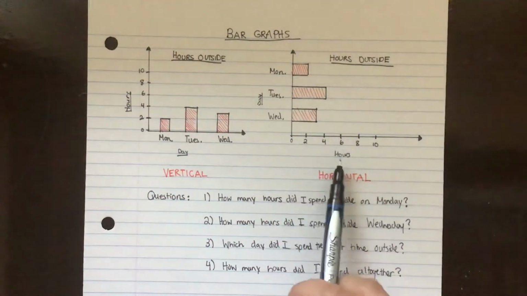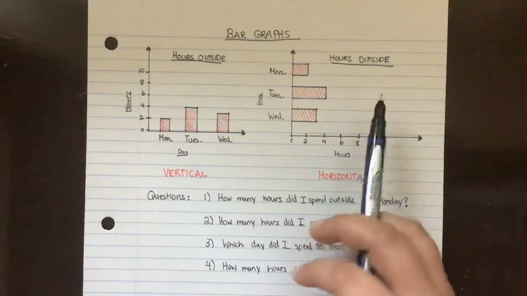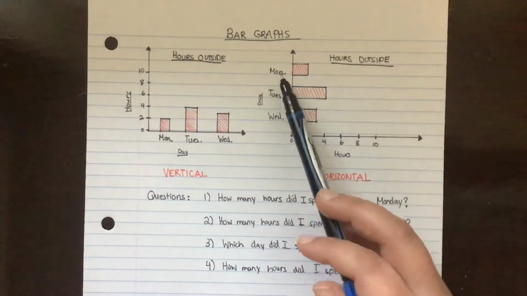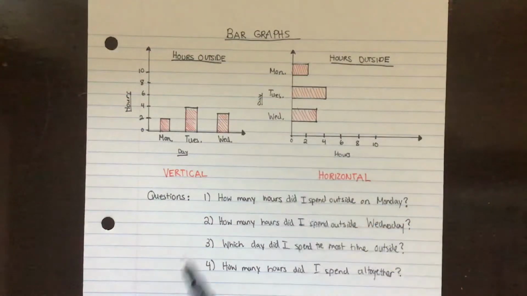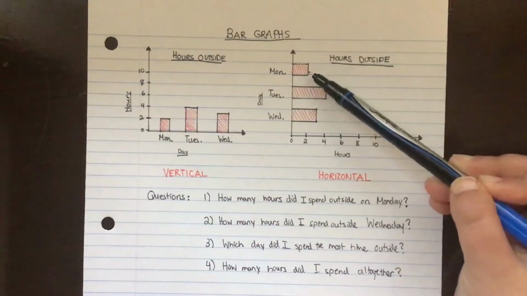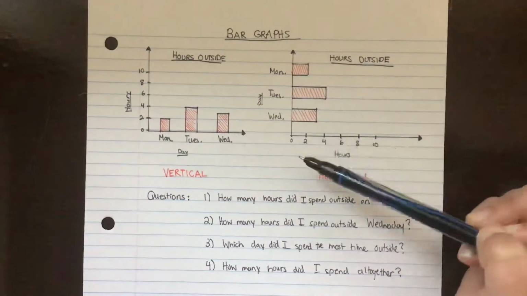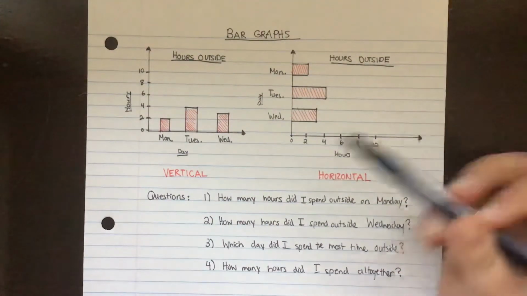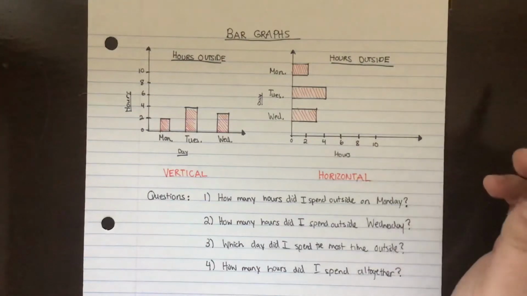So in this case, it's telling us how many hours the person went outside on Monday, Tuesday, and Wednesday. And finally, they need very nice straight bars colored in nicely so that we can see exactly where those lines fall on the scale. Those are all the things you need in a good bar graph.